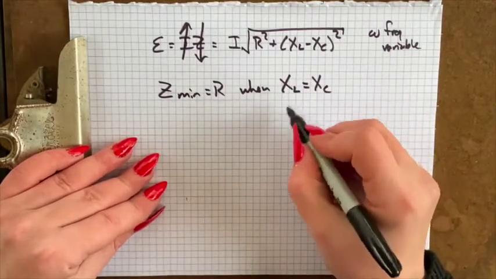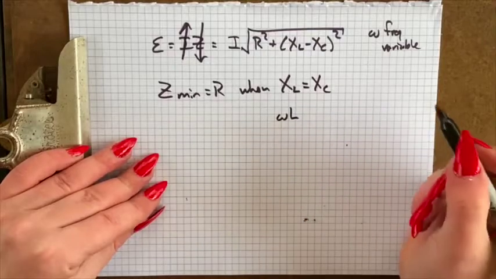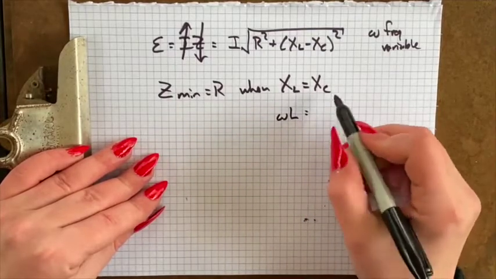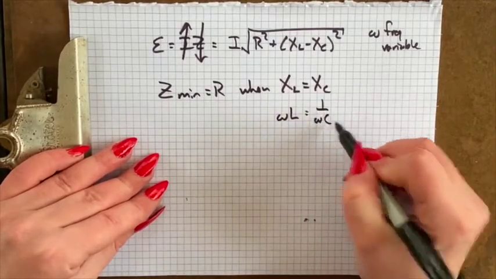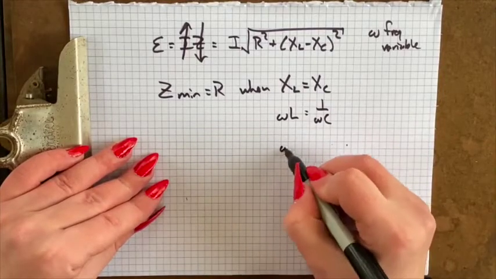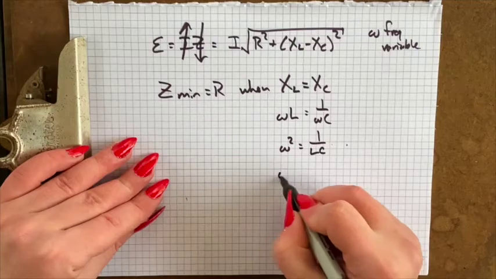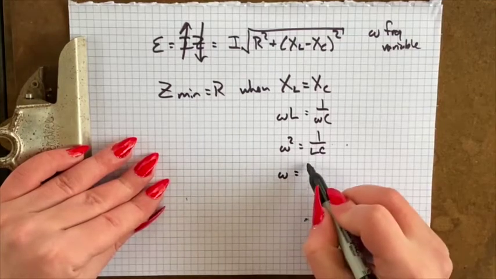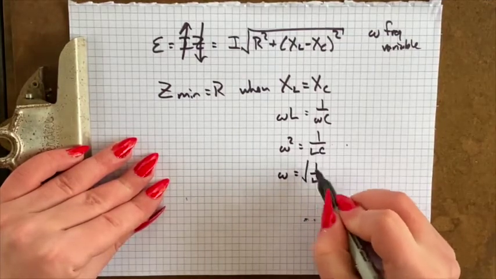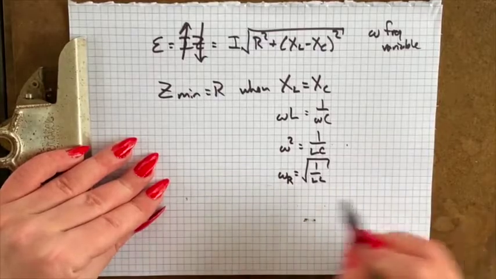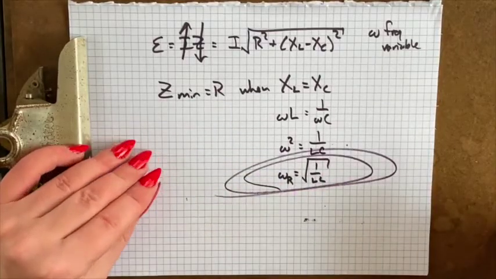Let's play with that. What was XL? I think it's omega L. And what was XC? I think it's 1 over omega C. So I could rearrange these, and then I could solve for omega. And what do we find? That's the resonance condition.